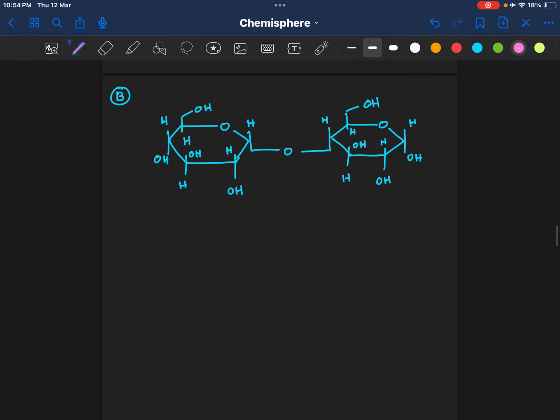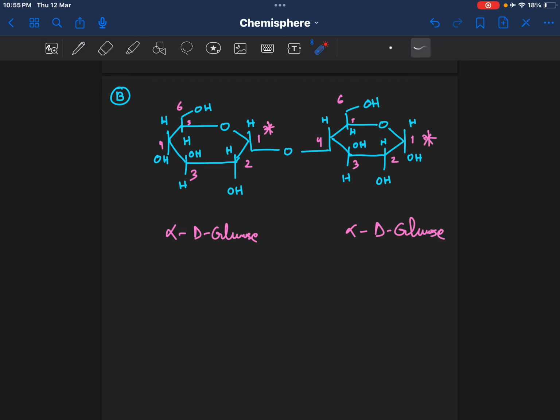In this option, both units are alpha D glucose. Let's give numbers again, 1 2 3 4 5 6 for each, and put stars at the reducing centers.